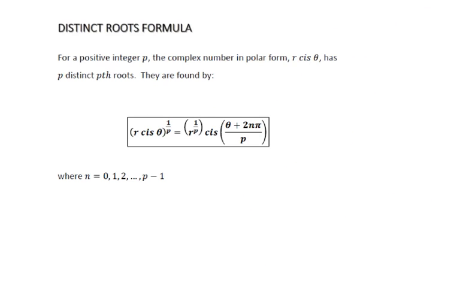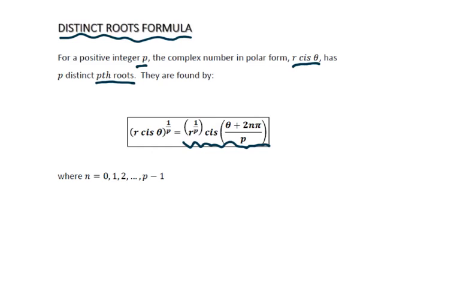Let's go to distinct roots, a formula for these complex numbers. For a positive integer p, the complex number in polar form r cis theta has p distinct pth roots. They are found by this formula. So the answer is not a unique one.